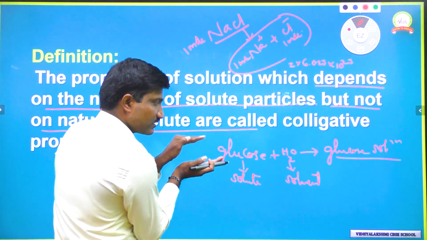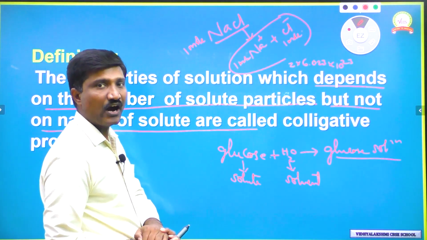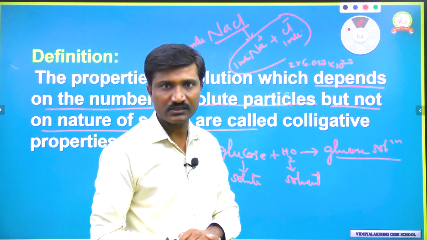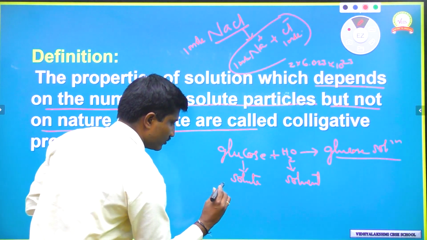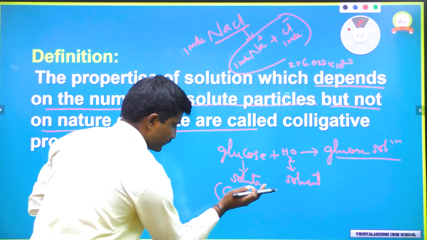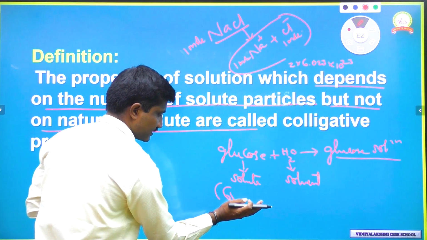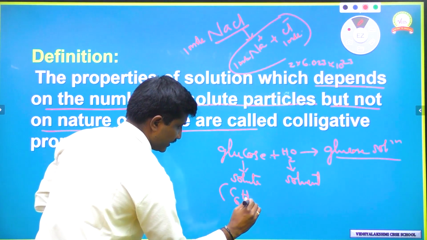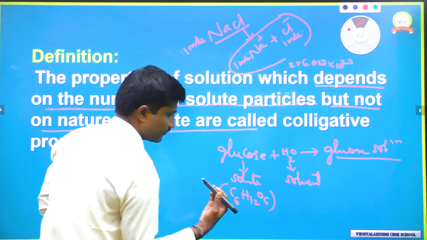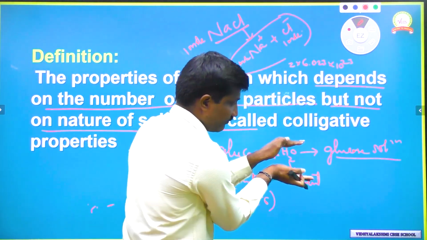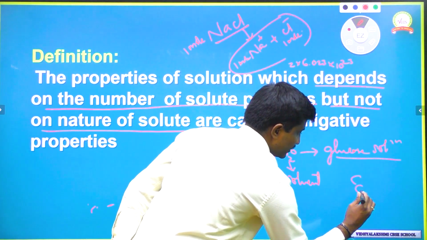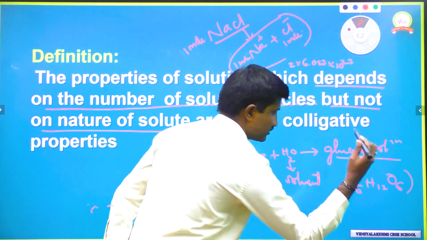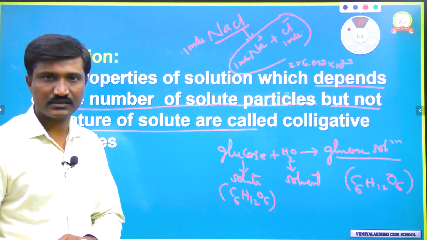When we dissolve glucose in water, it does not dissociate into ions. The actual formula of glucose is C6H12O6. When it dissolves in water, it still has the same formula; it does not dissociate into ions.